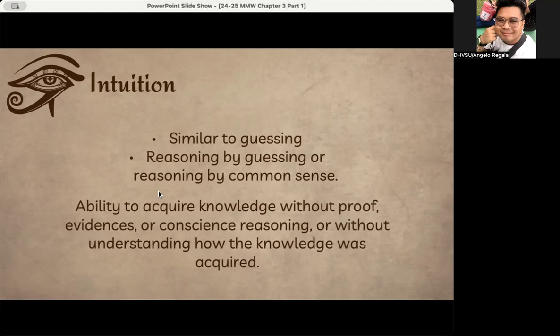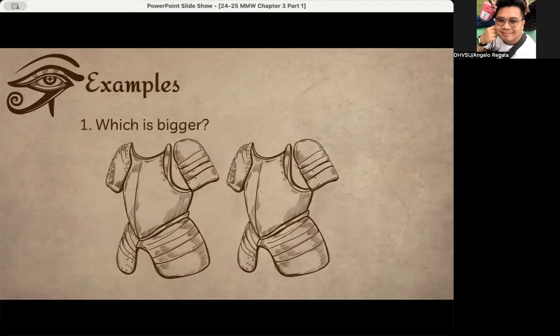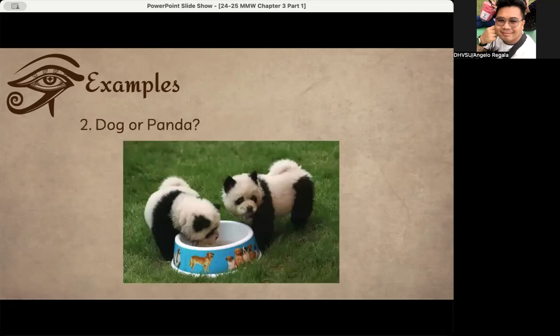Okay? So let's have some examples. Okay? So based on your intuition, which is bigger? The left side or the right side? So I think, no, sa palagay ko, left is bigger than right based on my intuition.